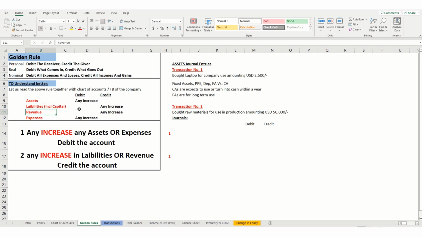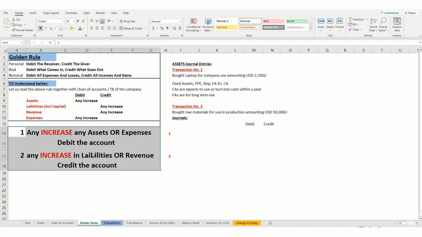The decrease in liabilities and revenue will be debited automatically. So you don't need to remember those, but you need to remember two points. Any increase in assets and expenses will be debited, and any increase in liabilities and revenue will be credited. So that is the shortcut.